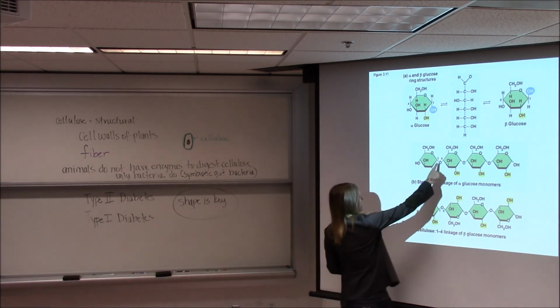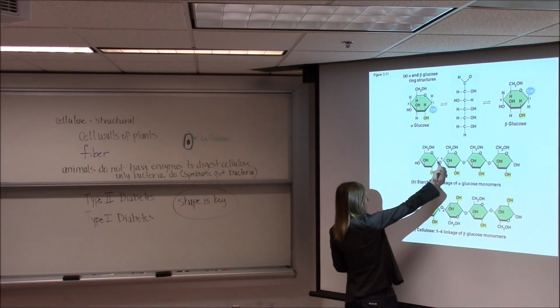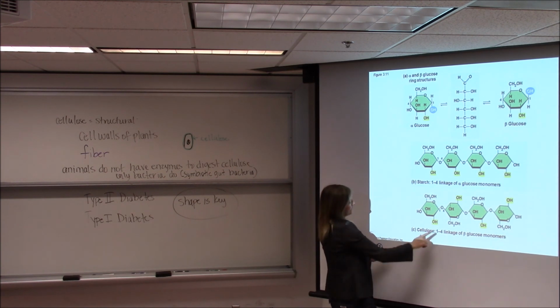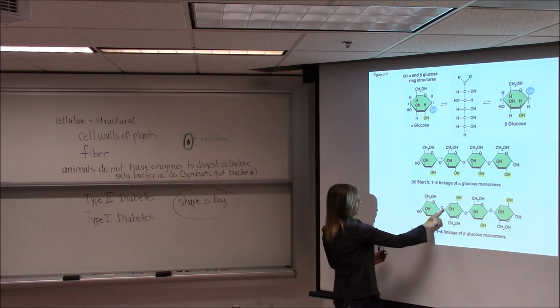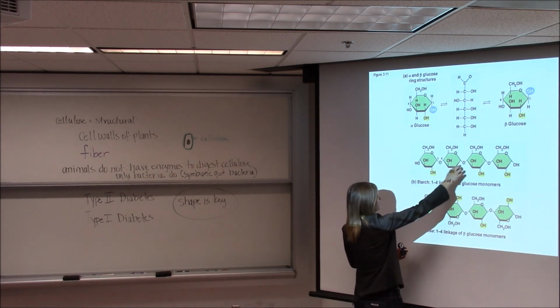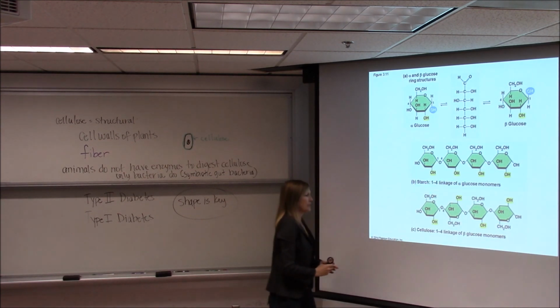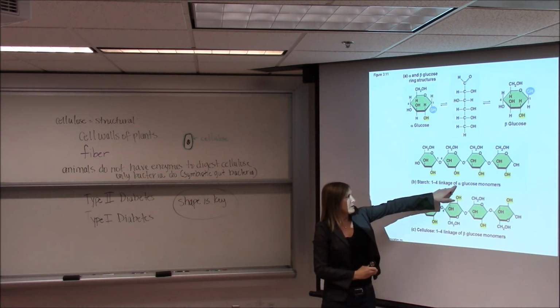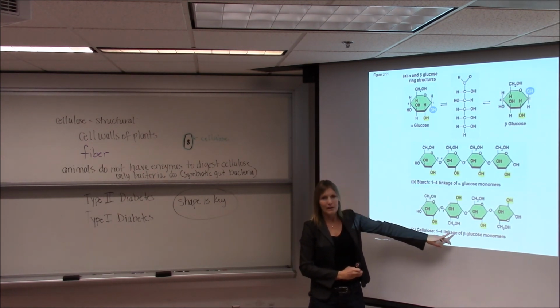This is the glycosidic linkage in starch. You can see the bond, the oxygen pointing down. This is cellulose. Just that slight difference, alternating versus same pattern. Without going into detail, this is called an alpha glycosidic linkage, and this is called a beta glycosidic linkage.